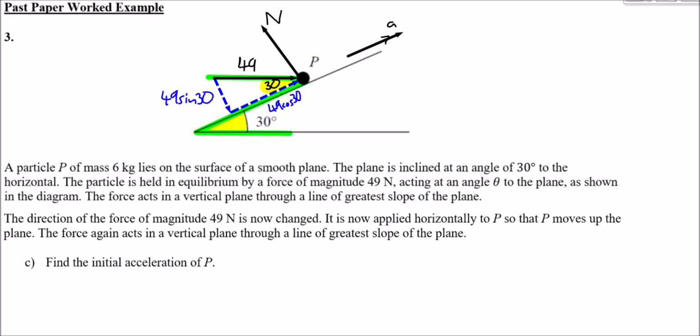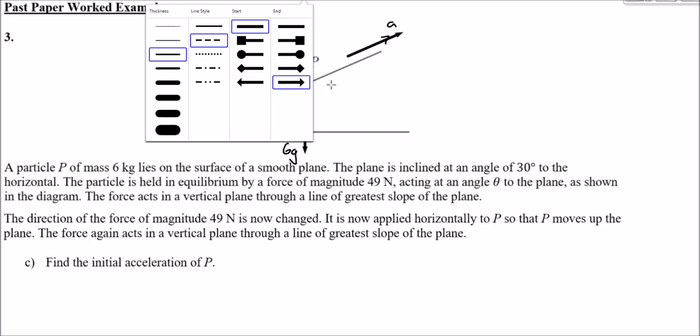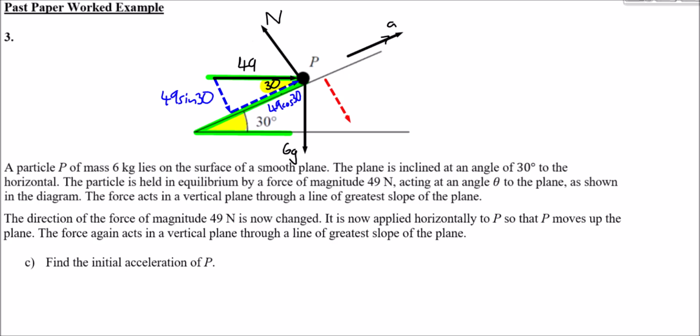That's clearer. We've got the weight to consider, because the weight will also have a component which is going to be going parallel to the slope. So that will have a component affecting the acceleration. So its weight was 6g. In the same way resolving like we did before for part A, we can say that the weight going down will have this component perpendicular into the slope.